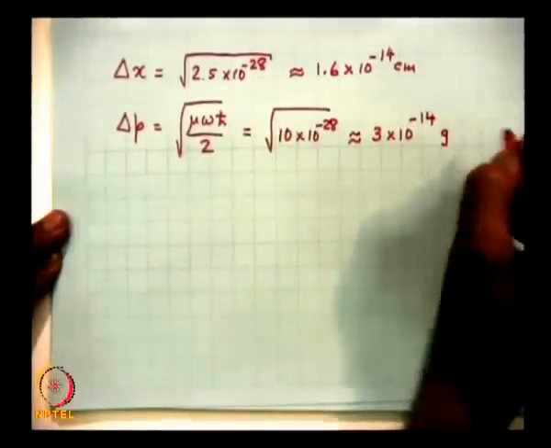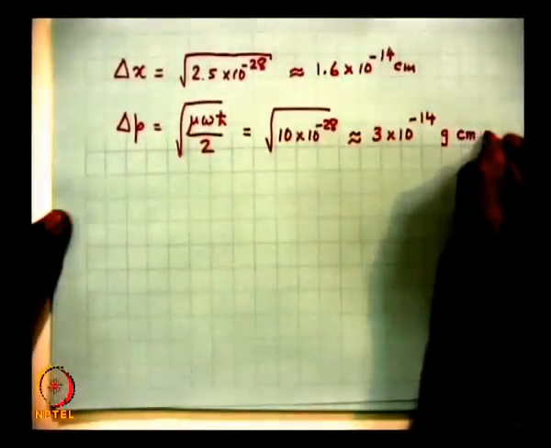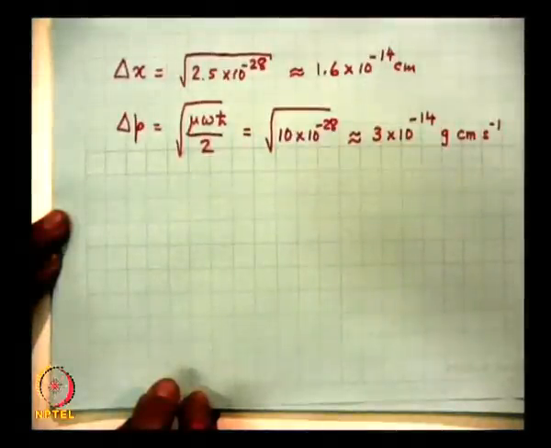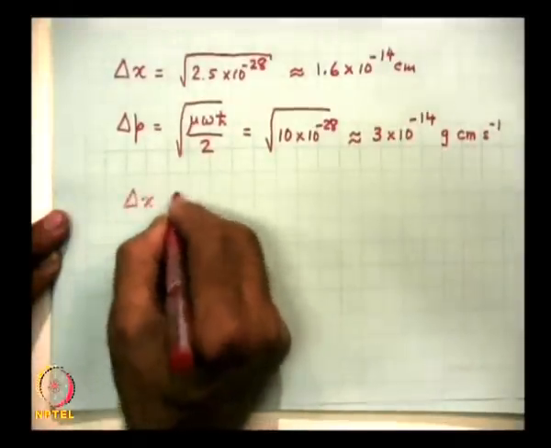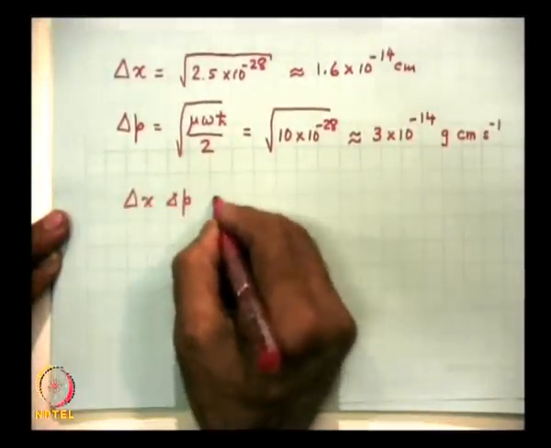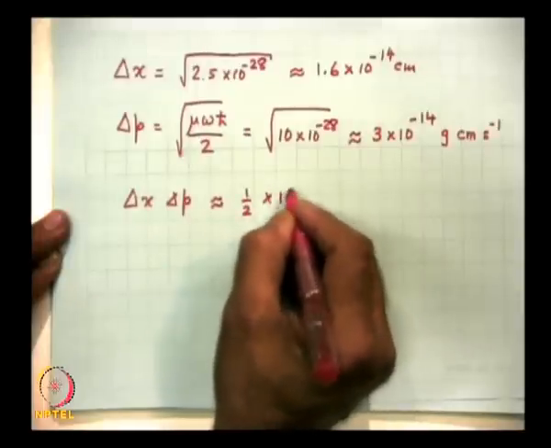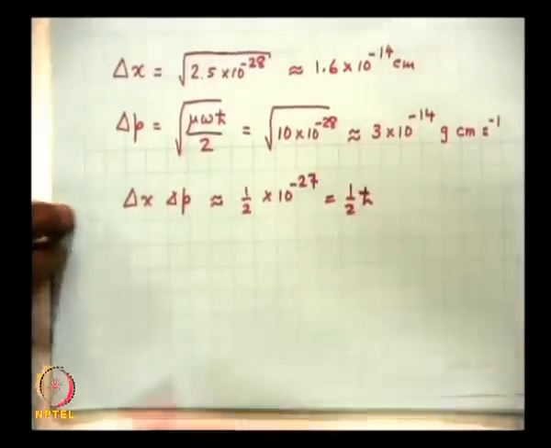The unit of momentum will be gram centimeter per second. If you multiply this out, delta x delta p is about half into 10 to the power of minus 27, which is equal to half h cross.